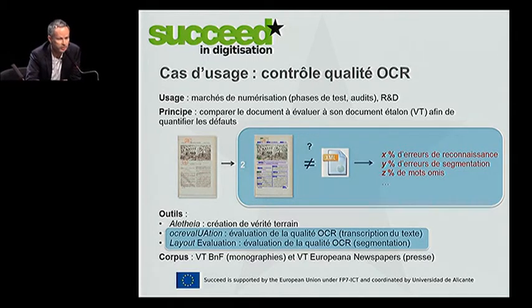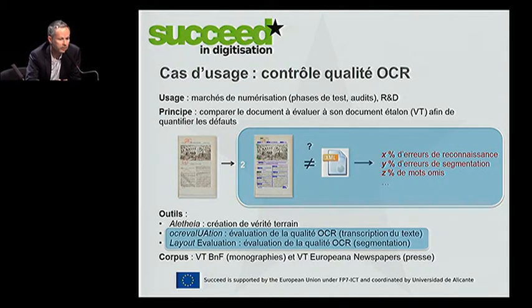Again, we are going to use tools to help us, so we will compare two digital documents. As you can see, there are two tools. We tested two tools. The first one meant we were able to evaluate the quality of the text transcription, so really focused on the text.